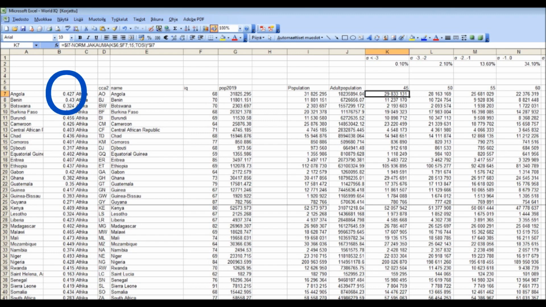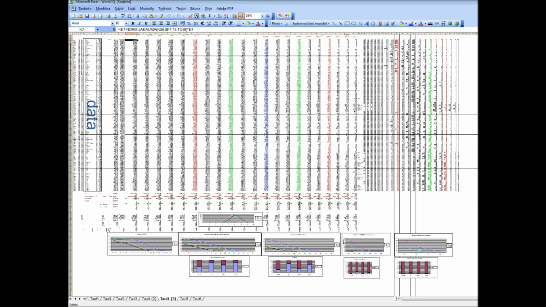I have added here the factor for the population which is below 15 years old, the IQ, the true population amount from 2019, and the rest is pretty much just mathematics, so we can solve the Gaussian distribution to different IQs and get the number of people with a higher IQ than this, and this brings up quite a big data sheet, but basically it's just a mathematical construction.